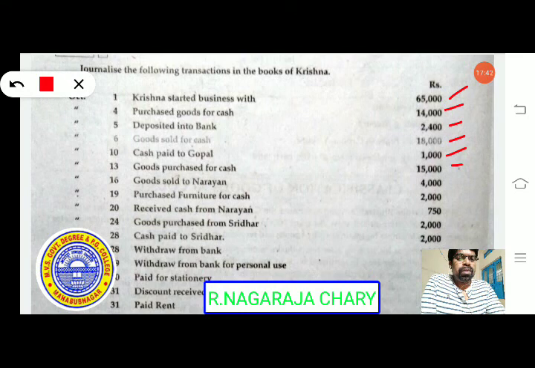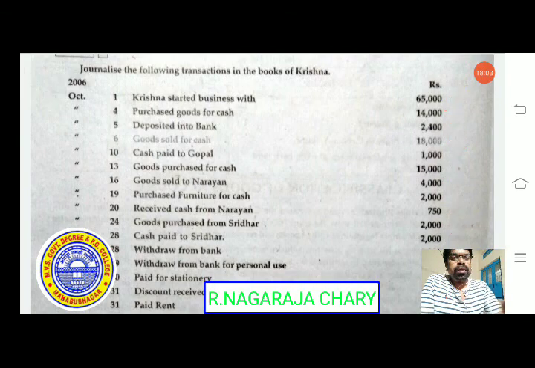Goods sold to Narayan, that is 4,000. Purchased furniture for cash 2,000. Received cash from Narayan, that is 750. Goods purchased from Sridhar, that is 2,000. Next, cash paid to Sridhar 2,000.